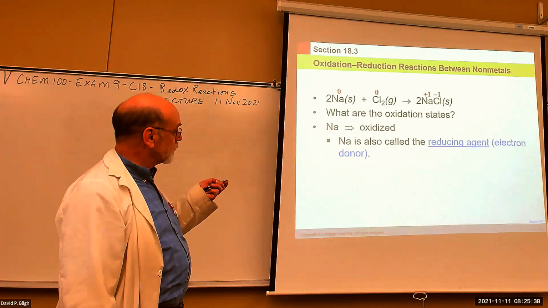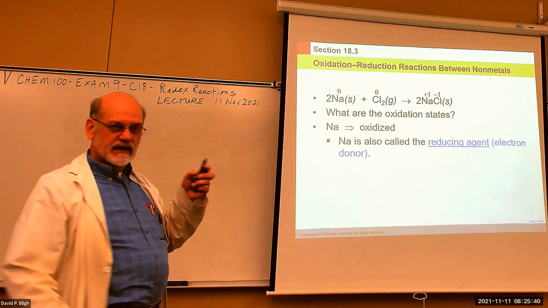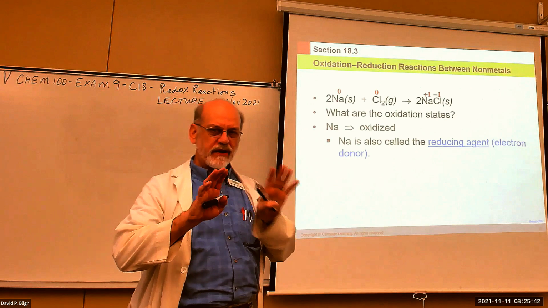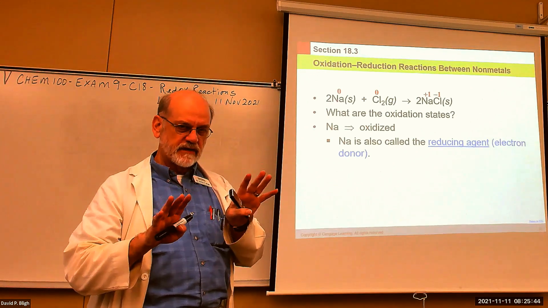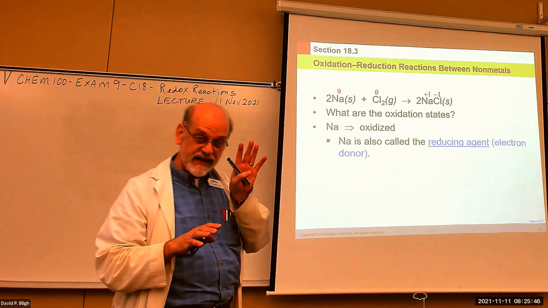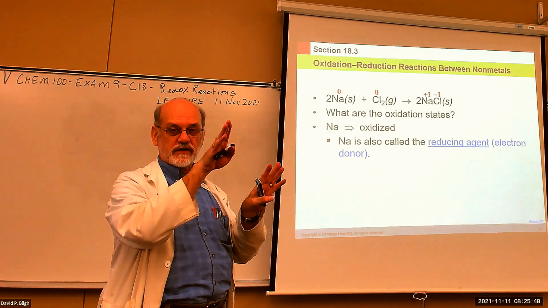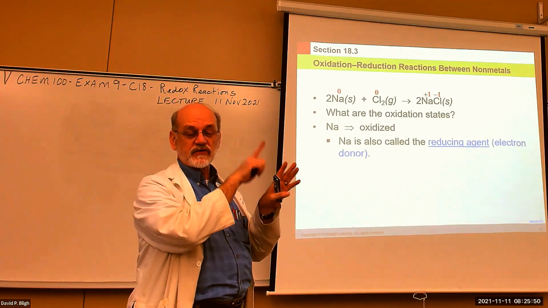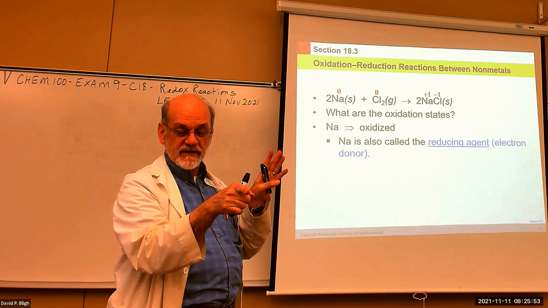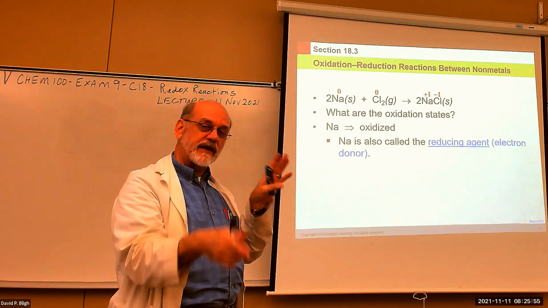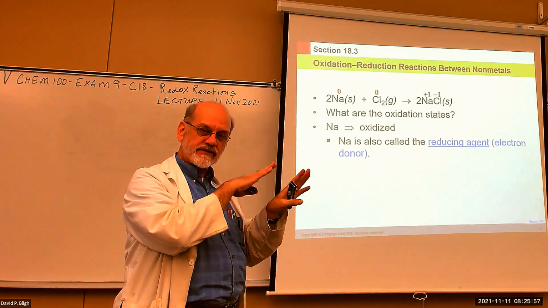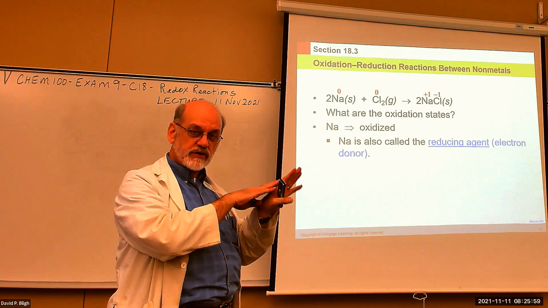Sodium is oxidized. Since oxidation and reduction always occur in pairs, the one that is oxidized loses electrons, and it sends those electrons to the other species that is reduced. So that means the oxidized one is the reducing agent.